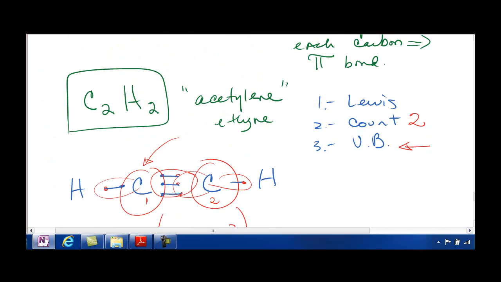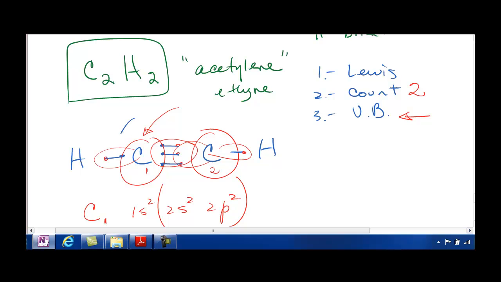So this bond right here is an s of the hydrogen, atomic, normal, spherical, like always, overlapping with an sp of this carbon. And the same thing here. That bond is another sigma bond, a very strong head-to-head collision of the spherical s of hydrogen and an sp. Okay, so these are all sigma bonds.